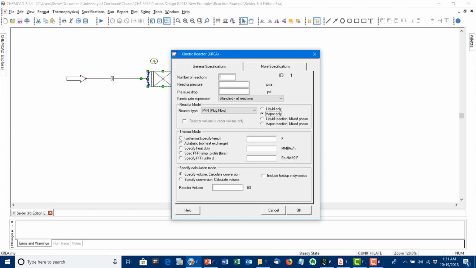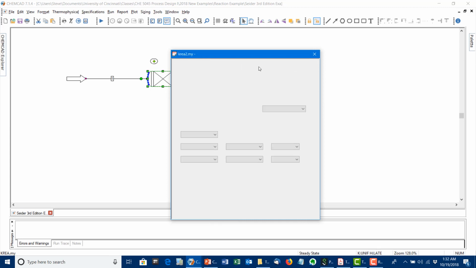We'll set the system to operate adiabatically because, again, that was the problem specification. And my initial requirement was to specify the conversion of toluene, and that should be 75%.